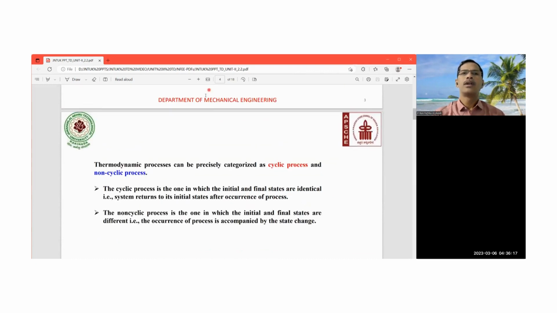Now, in this case, it is going to cover the cyclic and non-cyclic processes. Already I told you that work can be classified as non-flow work and another one, the flow work.